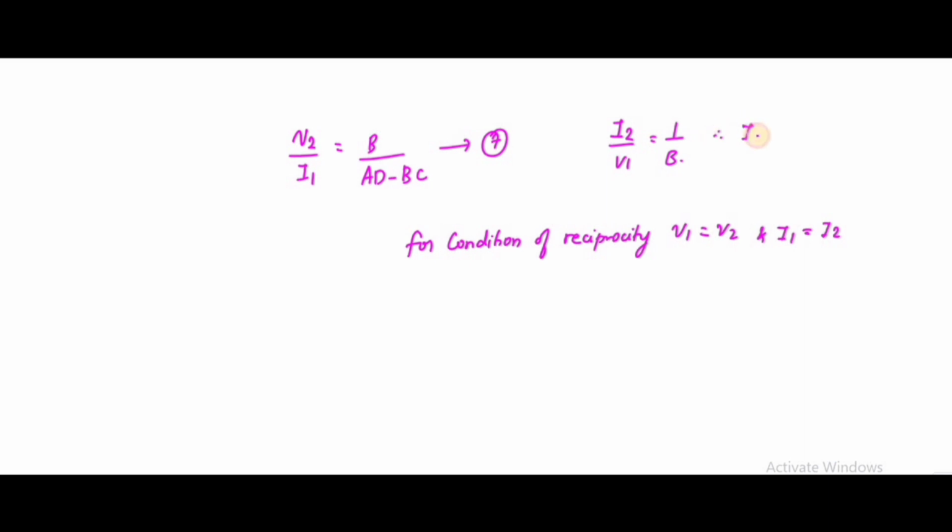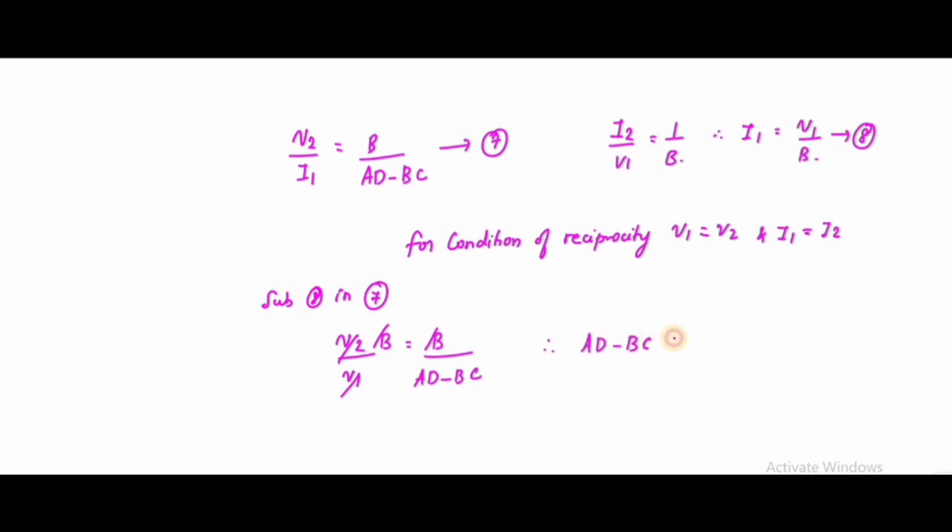You can take I2 equal to I1, and therefore I1 is equal to V1 by B. Substituting equation 8 in 9, V2 by I1 is B divided by AD minus BC. Here V1 cancels out and B cancels out, so AD minus BC is equal to 1. This is the condition for reciprocity.